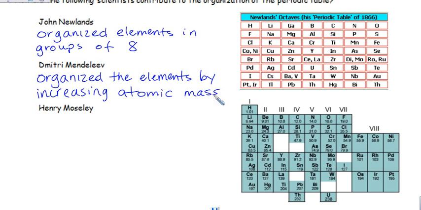Okay, so now this is a little bit more of a consistent trend. Instead of saying I just have to randomly find groups of 8 elements that have similar properties, the periodic table today really does go by increasing atomic mass.